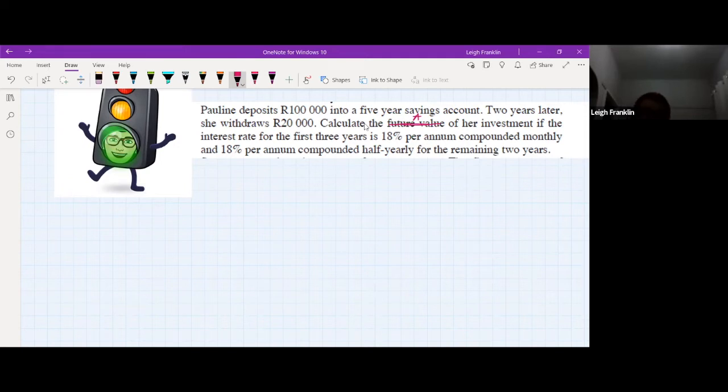So this is different because now there is a withdrawal instead of a deposit.